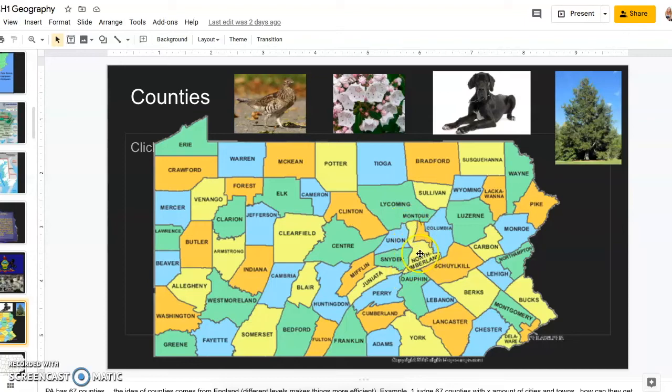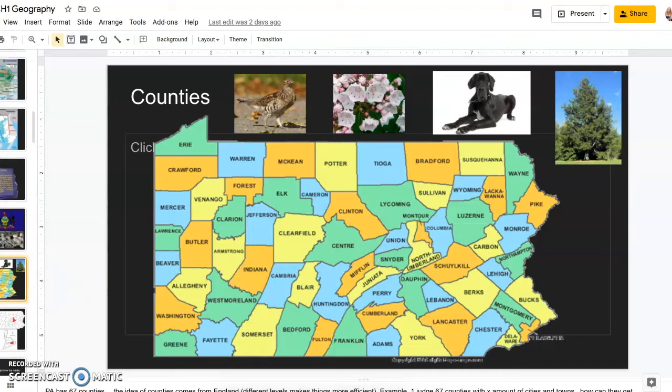It is very weird and cut up weird, but you have 67 counties. We have 56 cities, 959 boroughs, and 1,546 townships. Pennsylvania is big. It has a big population. And one other thing to mention is that we do only have one town, and that town is Bloomsburg.